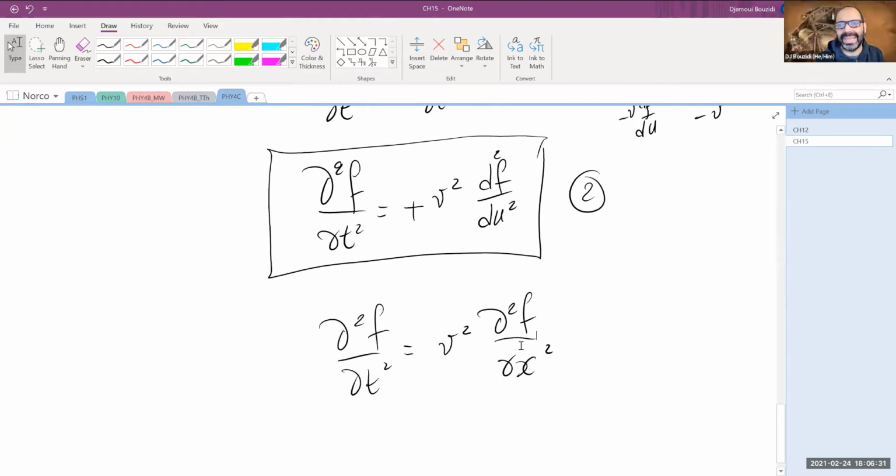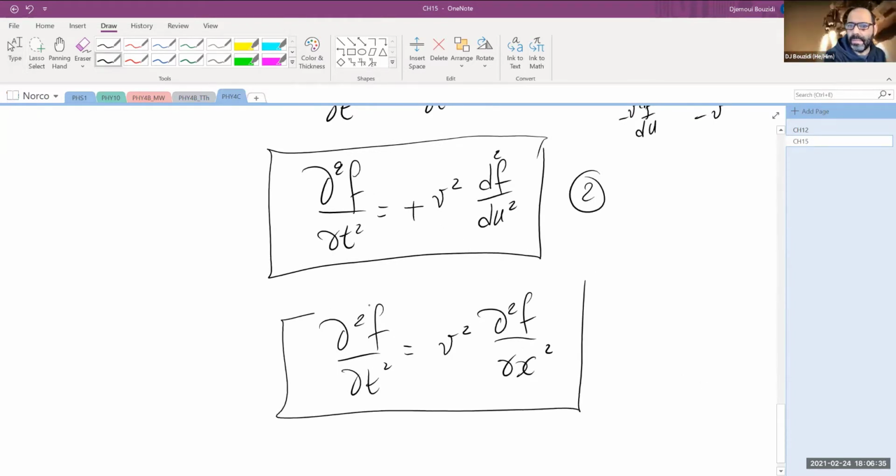So I'm subbing in by that. So this is the equation I'm looking for. This is what I want, the wave equation.